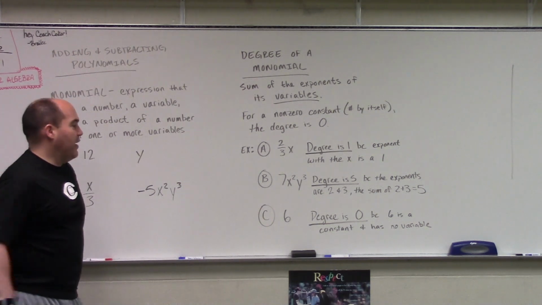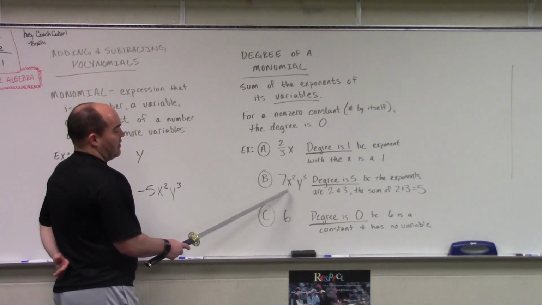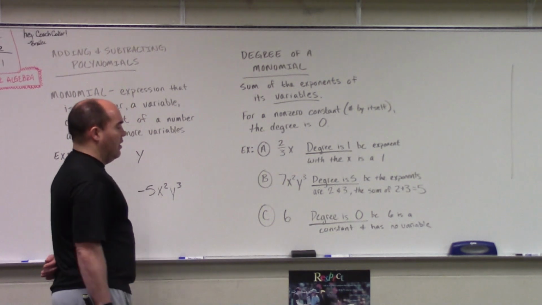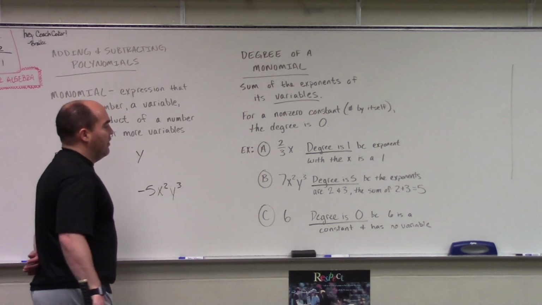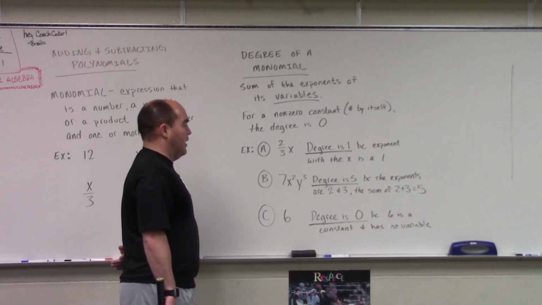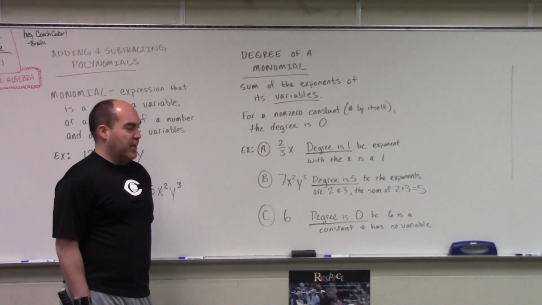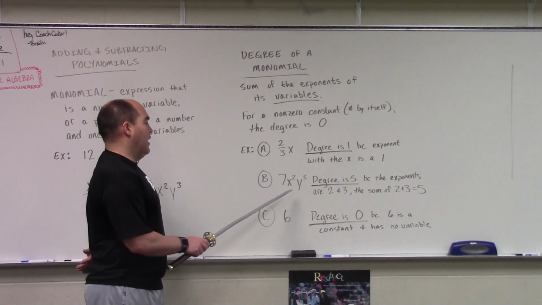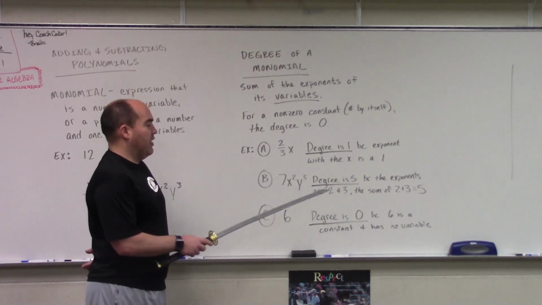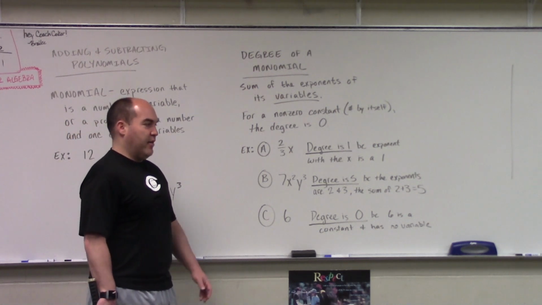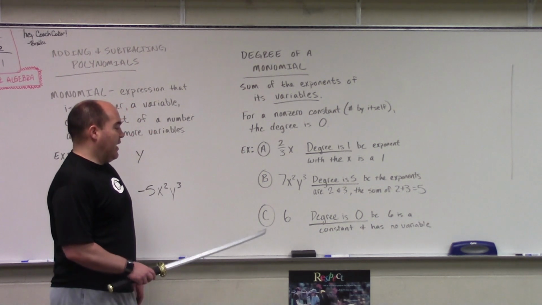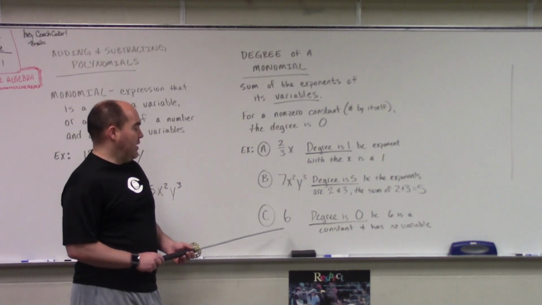The second example we have is 7x squared y cubed. The degree of this one is 5. The reason it's 5 is because you take the exponents of x squared and y cubed, so the exponents are 2 and 3, and then you just take the sum, you add the 2 and the 3 together, and you get 5. And then the last example is just a constant term, 6.